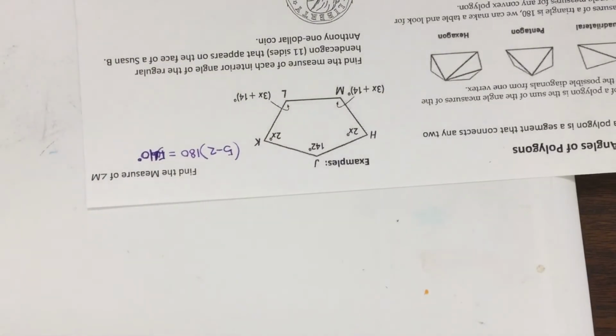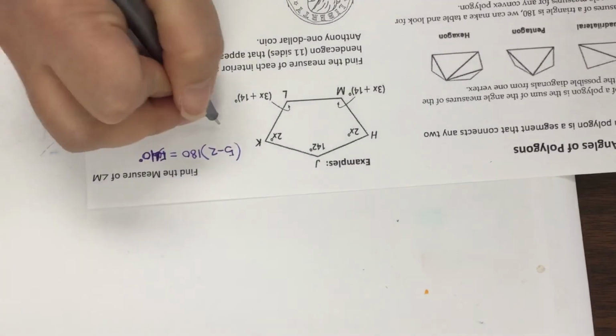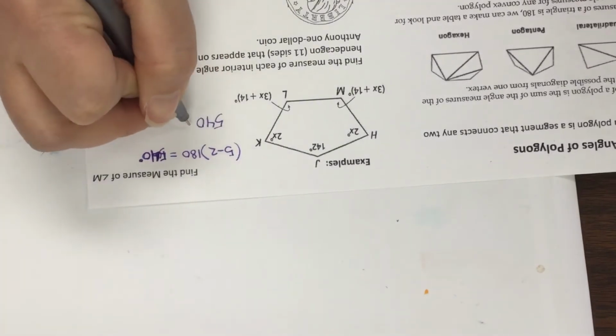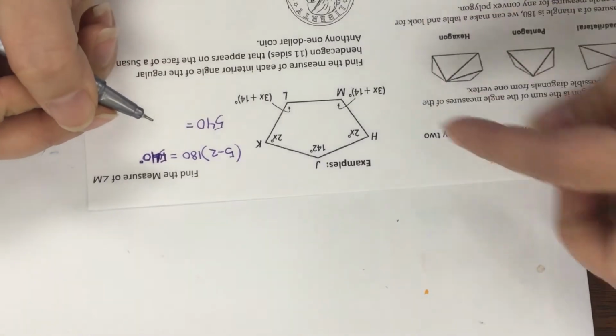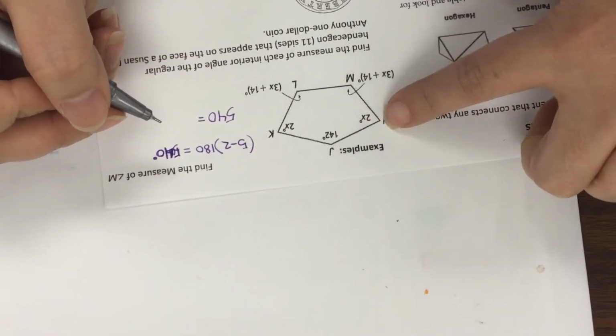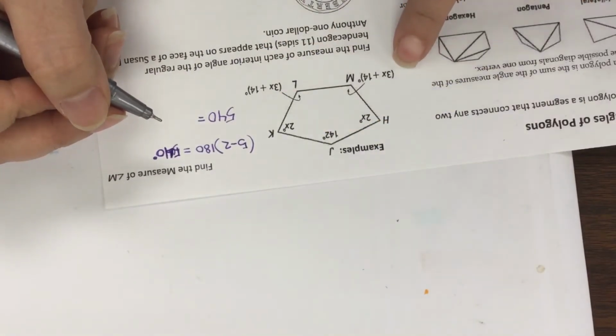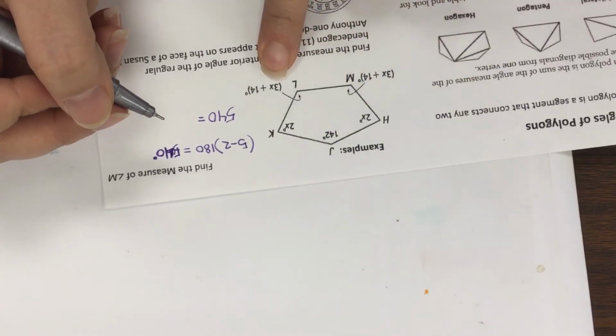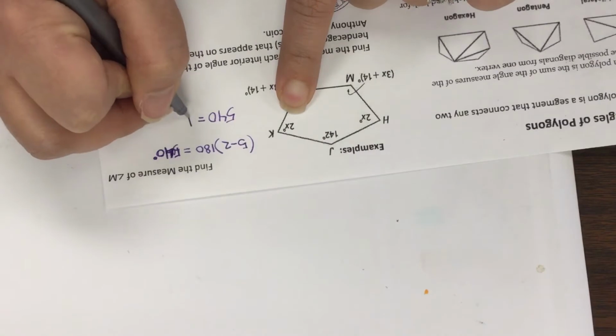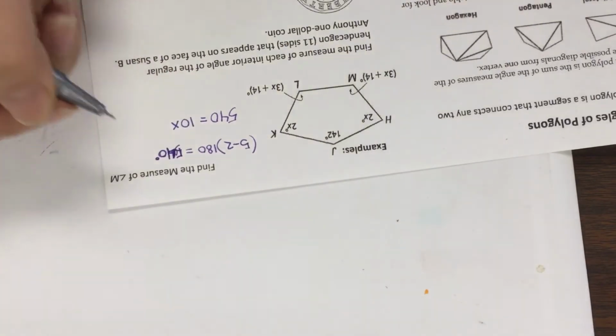So if I set up my equation, I have 540, because that's my total, is going to be equal to all my x's, so 2x plus 3x is 5x, another 3x, so 5x plus 3x is 8x, plus another 2x gives me 10x.